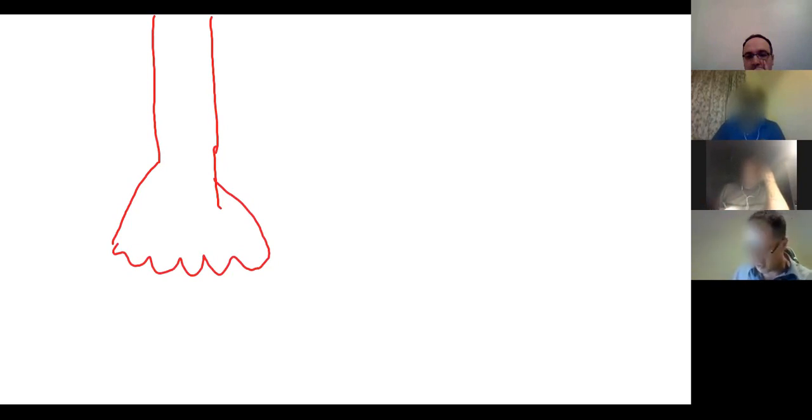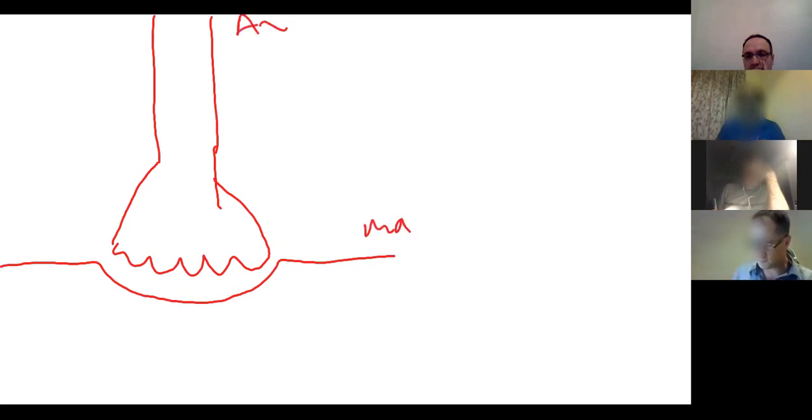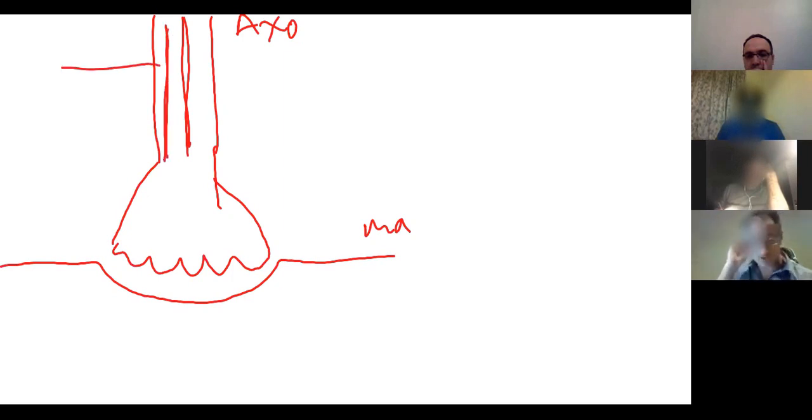I then draw my sarcomere, which is forming a neuromuscular junction, a synapse with the muscle. Okay, if this is muscle, this is axon. You've got your action potential coming down here. I also like to draw little microtubules within the axon, and I label them as microtubules, and I'll come to why that's important.